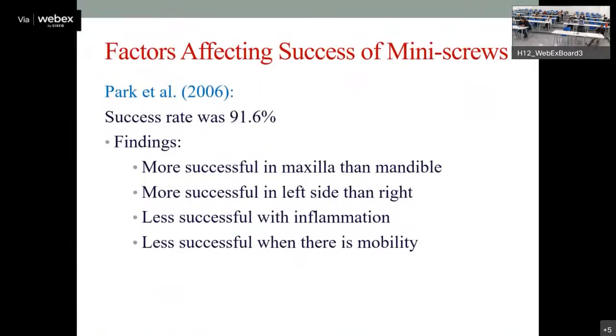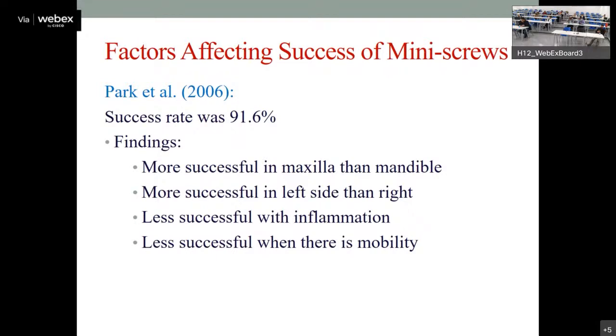Park et al. in 2006 found a success rate around 92%, and they suggested that microscrews were more successful in the maxilla than in the mandible, more successful in the left side than the right, less successful with inflammation, and less successful when there is mobility.